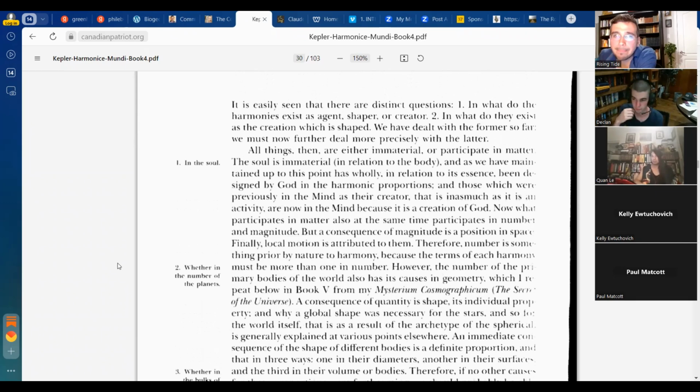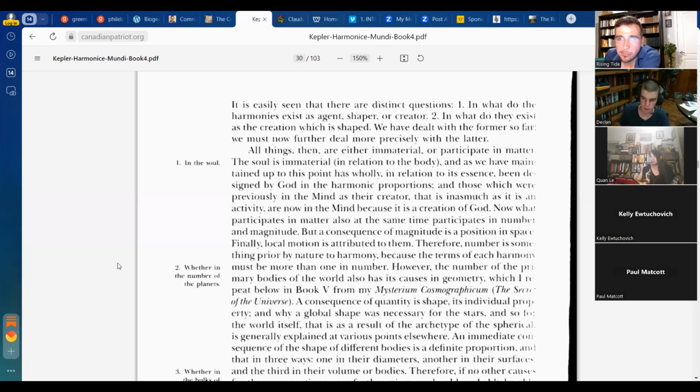It is easily seen that there are two distinct questions. 1. In what do the harmonies exist as agent, shaper, or creator? 2. In what do they exist as the creation which is shaped? We have dealt with the former so far. We must now further deal more precisely with the latter.